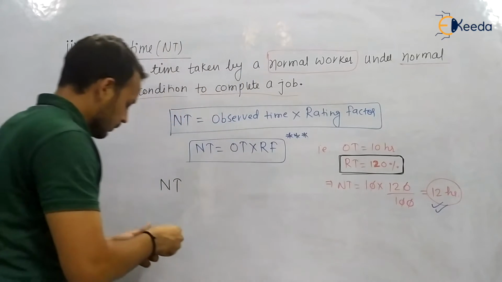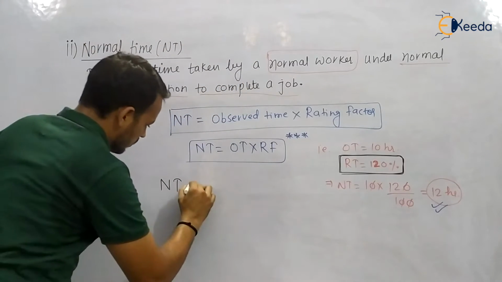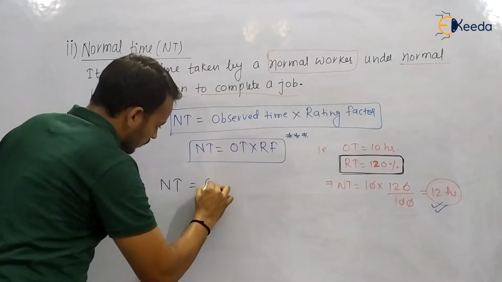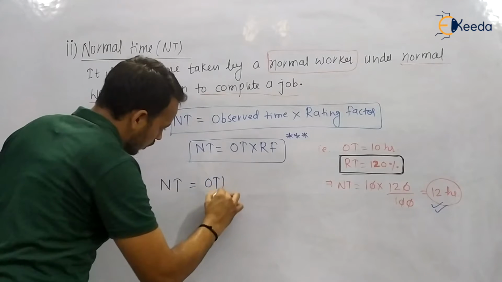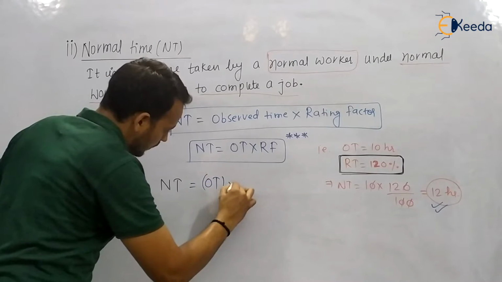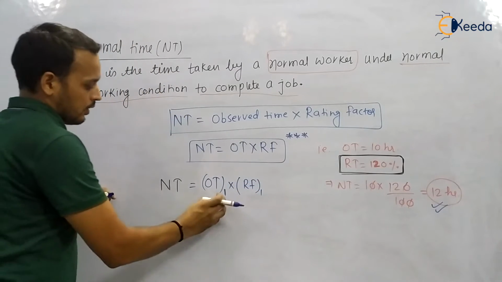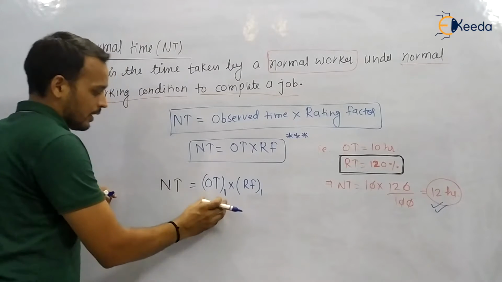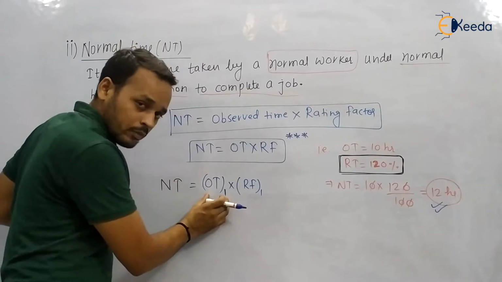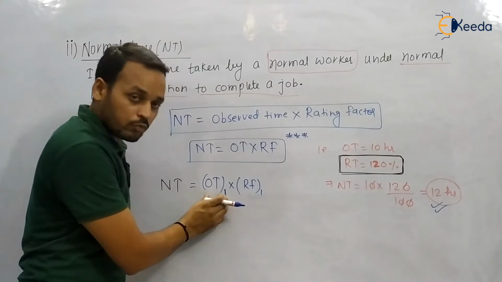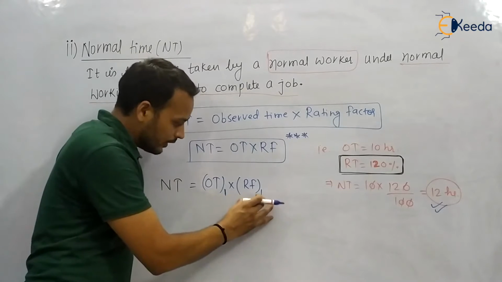So what we will do is take the observed time of the first worker into the rating factor of the first worker. Normal time is 12 hours, and it will be the product of the observed time, which is observed by the observer for that worker, and its rating factor.